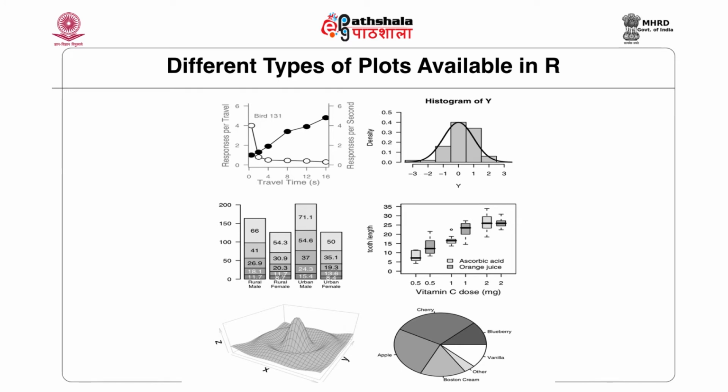In those box plots there are legends, for example ascorbic acid and orange juice, the vitamin C dose, and so on. Those are essentially produced by high-level plotting functions, and R automatically decides how to place the box plots and shape them.